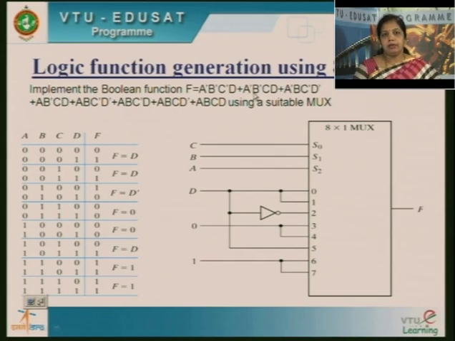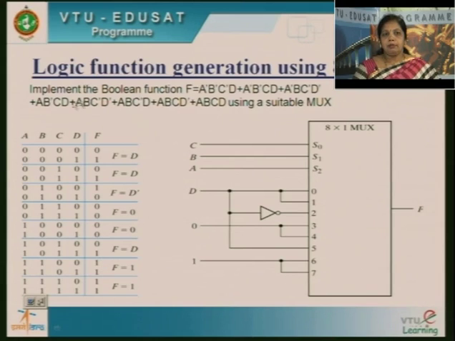Then we have A complement, B complement, C and D. Here I am going to write logic 1. Similarly I write for all the terms. We have 8 terms, so I will be writing logic 1 for all these 8 terms.